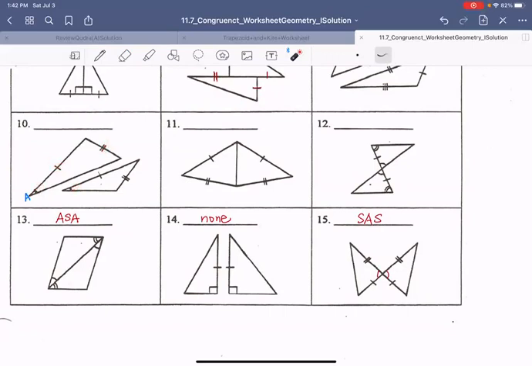Yes, so we have to say none. Okay. 11. Angle side. Okay. Number 12. Angle side angle. Okay, very good.